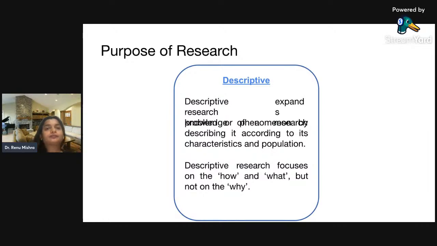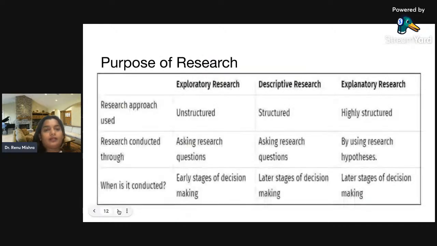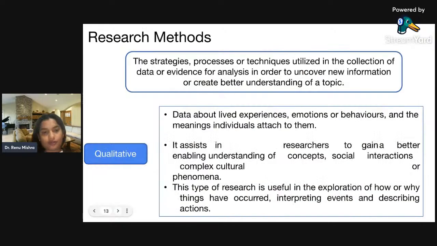This is the different aspects of exploratory, descriptive and explanatory research, and when you start asking questions about it, whether it is structured, unstructured or highly structured.